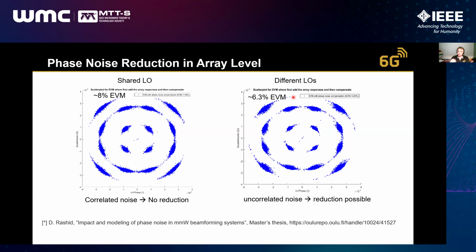And again, the key is the difference. If there are differences in the impairments, you can gain from the array effect, because beamforming is about summing, and if you sum differences in an uncorrelated way or in a cancellation way, you can get benefits. So the key is in the differences.